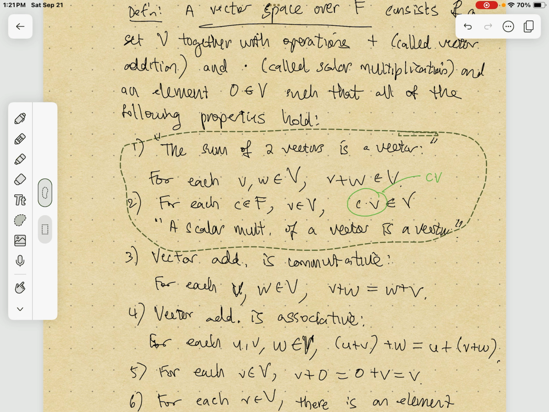And it's not automatically true that when you have a subset and an element in the subset and you scale it by some scalar, by any scalar, that result will also be in the subset. That's not true for arbitrary subsets. So we actually need to check 1 and 2.